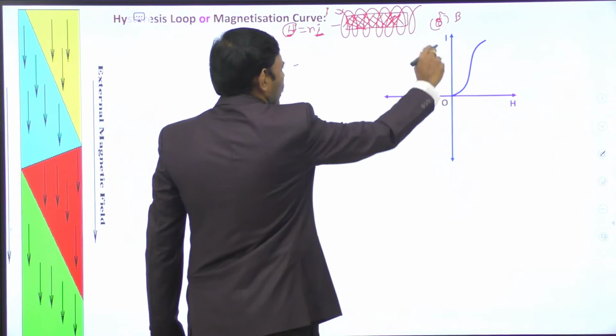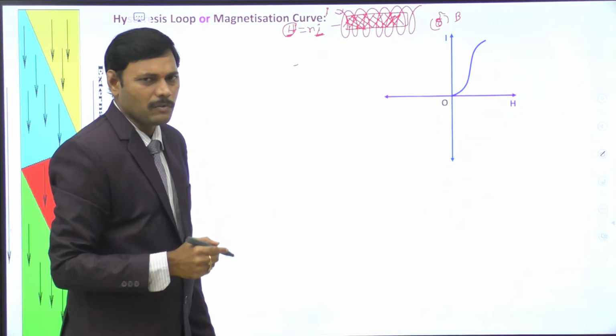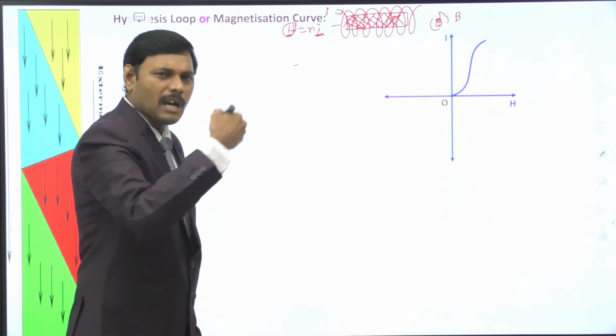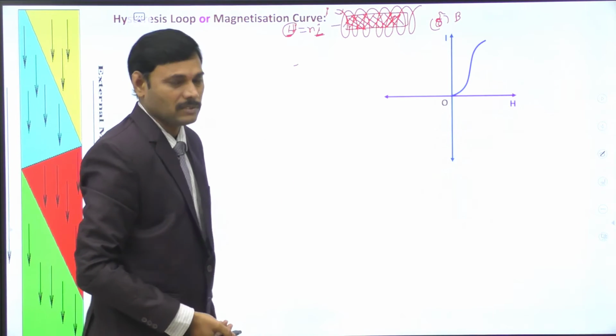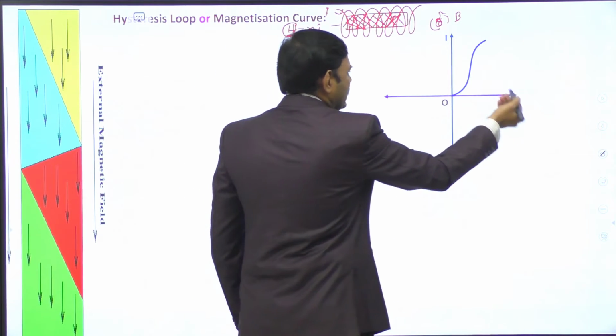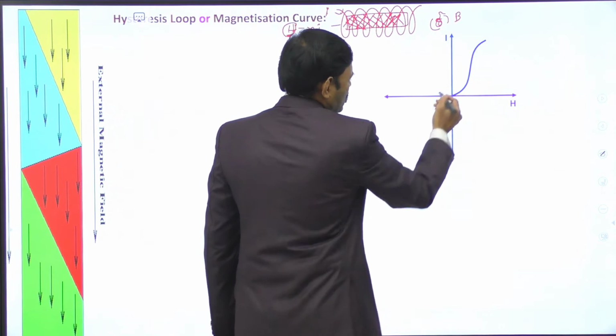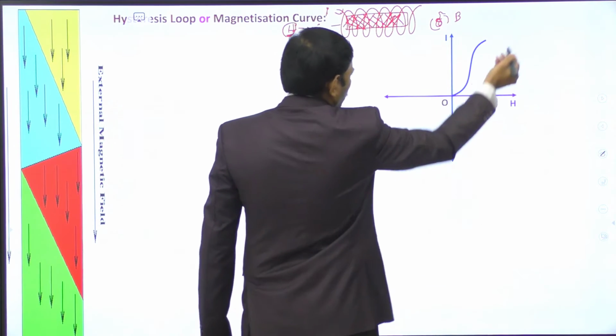When H is 0, I may be 0 because of the random orientation of domains. When the magnetizing force applied on the magnetic material increases in positive magnitude, I also increases as shown in the diagram. Then it reaches saturation.